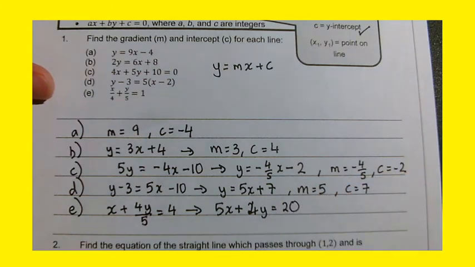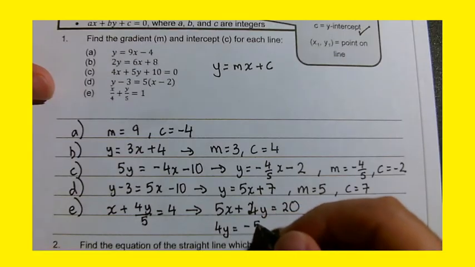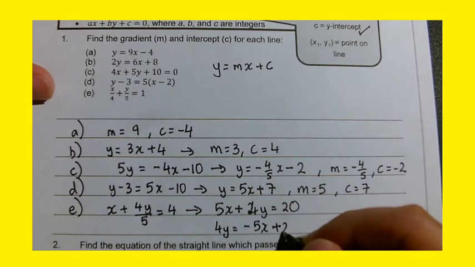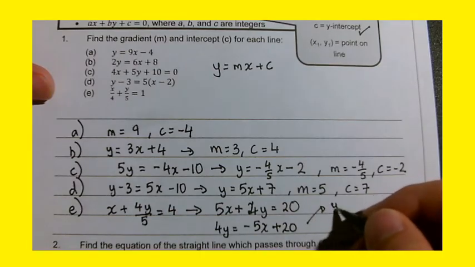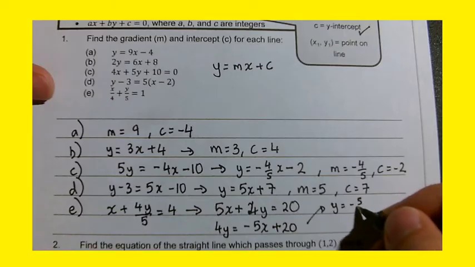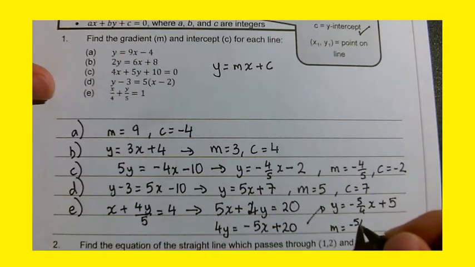Okay, I'm going to make y the subject by dividing through by 4. Therefore my gradient is minus 5 over 4. And my c is equal to 5.